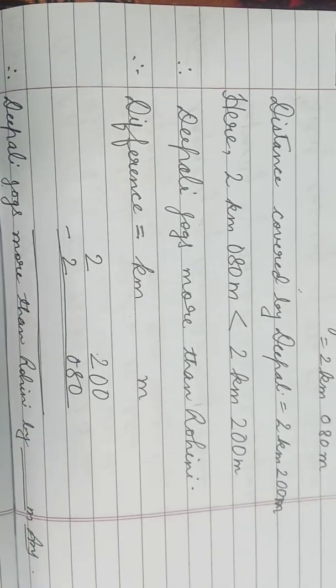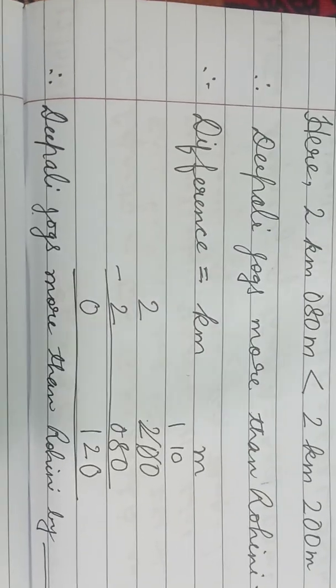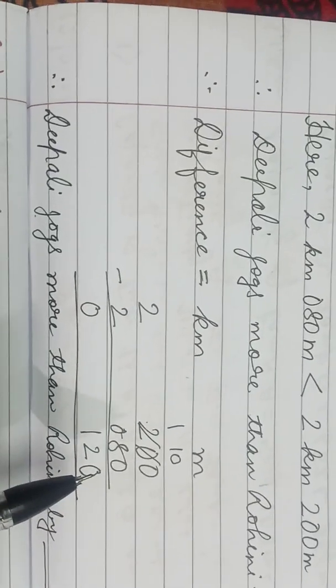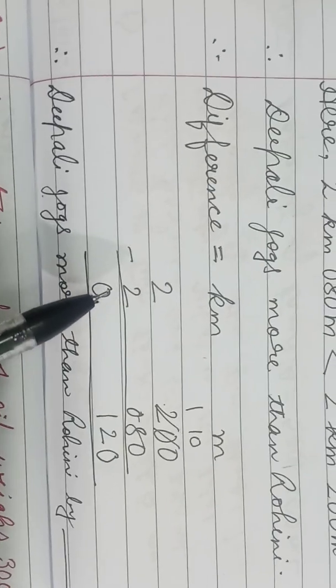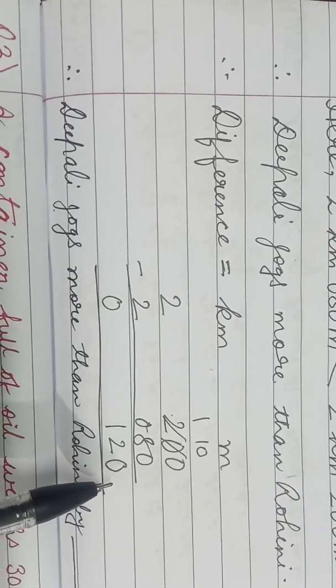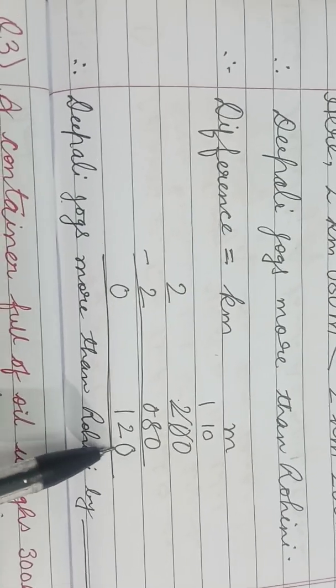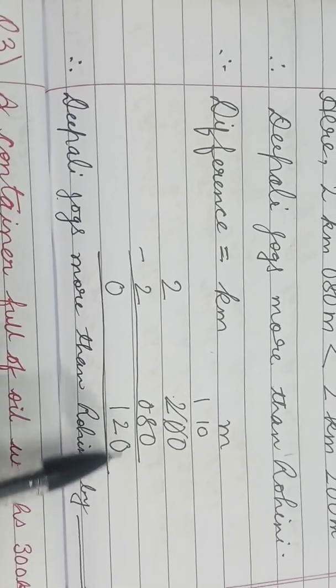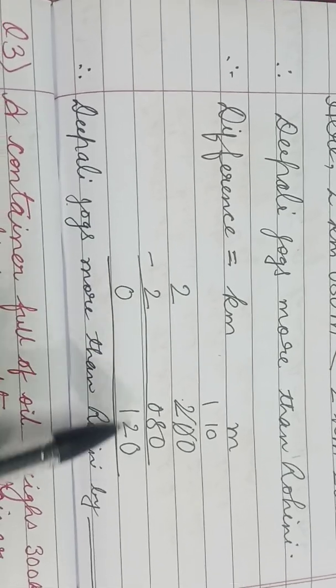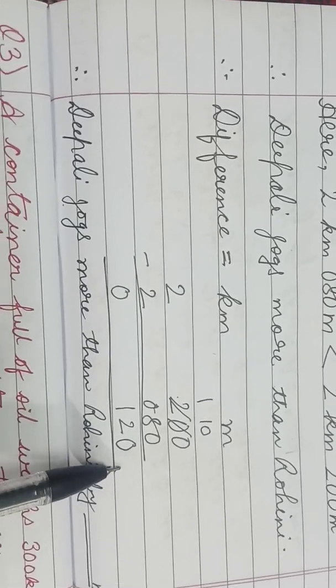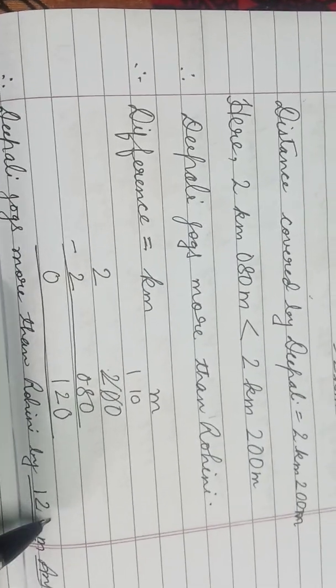Okay, subtract here children. So on subtraction we are getting 0 kilometer 120 meter. So right here Dipali jogs more than Rohini by 120 meter. Okay, no need to write this 0 kilometer. Write only 120 meter.